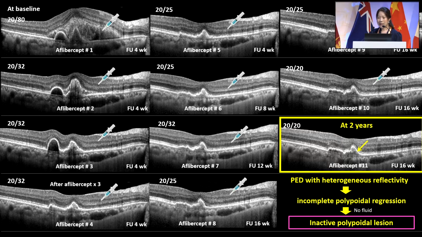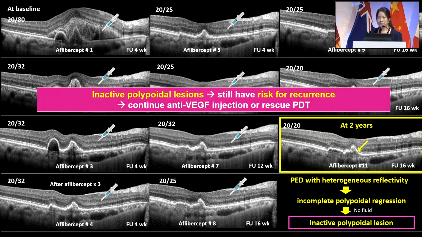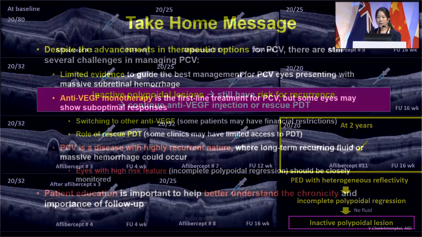That is an inactive polypoidal lesion that you would like to achieve after treatment. But remember that an inactive polypoidal lesion still has risk for recurrences. So you should not stop treatment right away. You'd better give injections and extend the injection interval slowly to decrease the risk of recurrences.